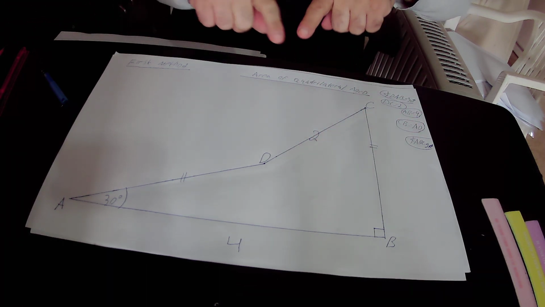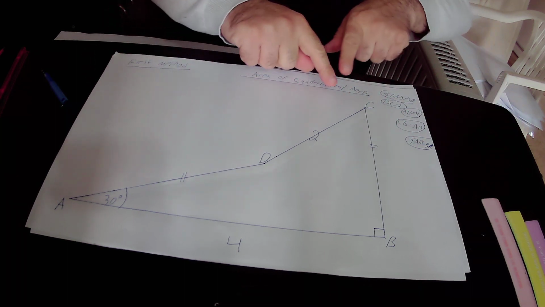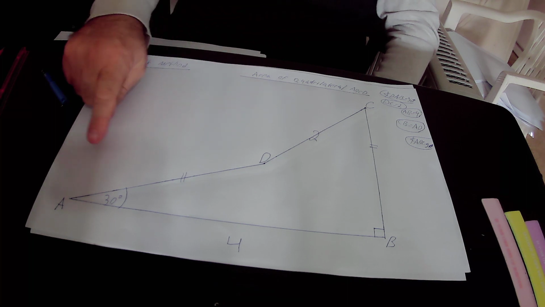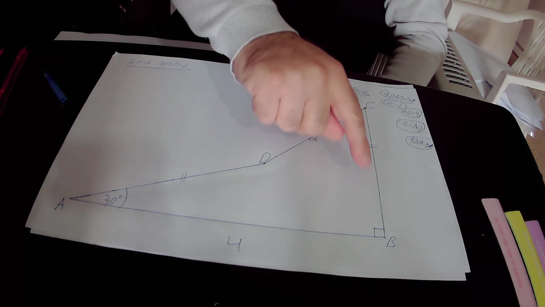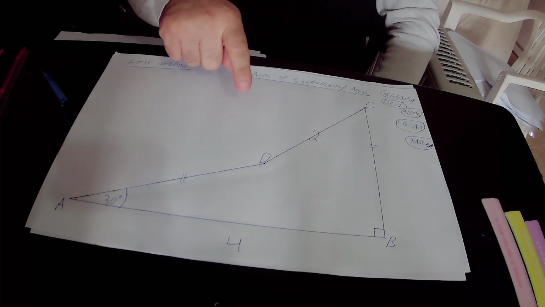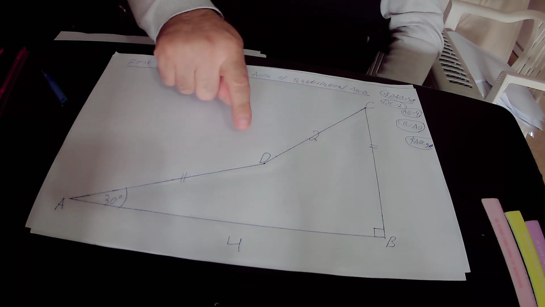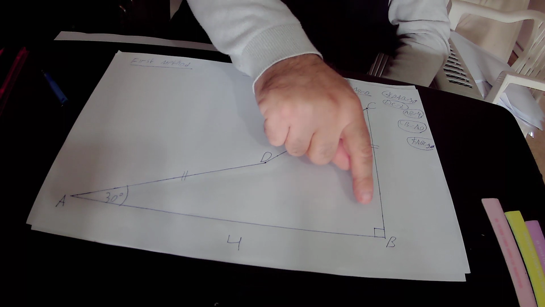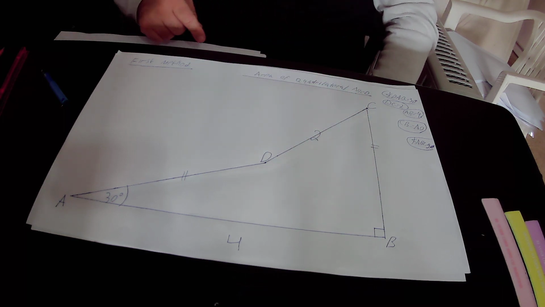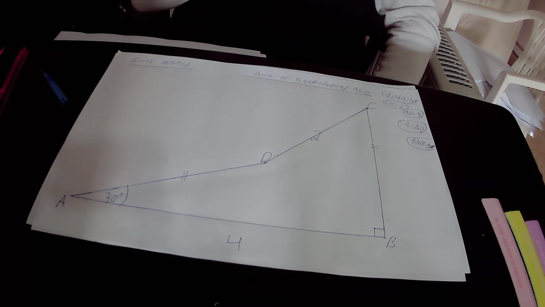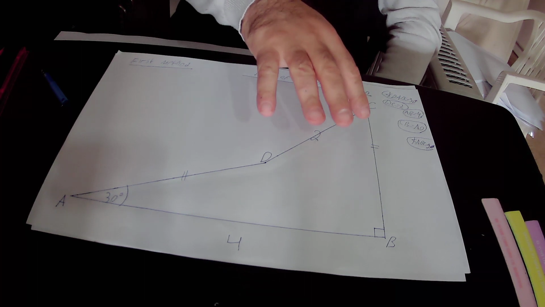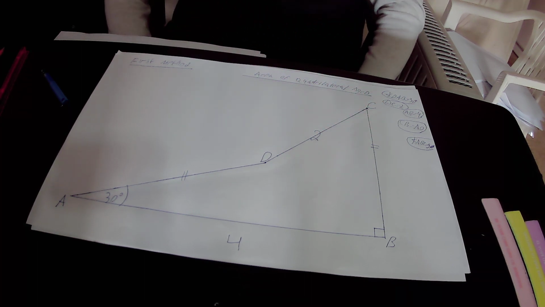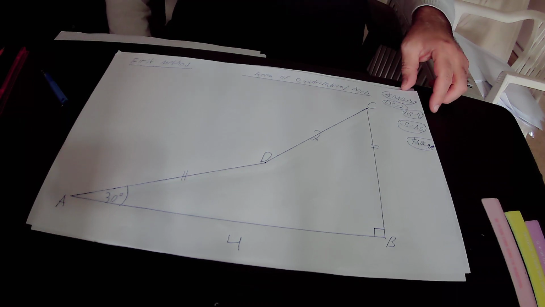We know that side AB equals 4 units, side CD equals 2 units, and we also know that AD equals CB, angle BAD equals 30 degrees, angle ABC equals 90 degrees, and we want to find out the area of this quadrilateral ABCD. So we'll start with the first method.